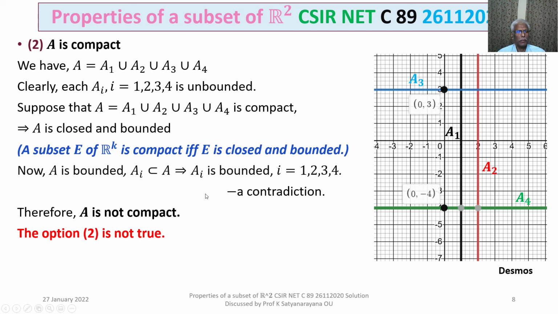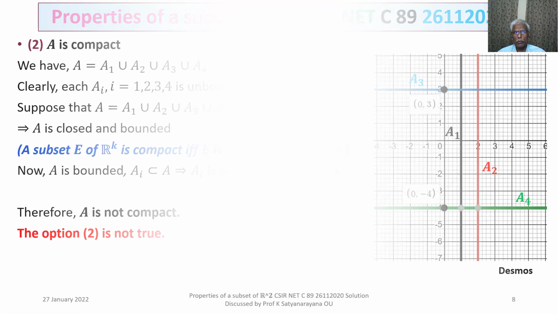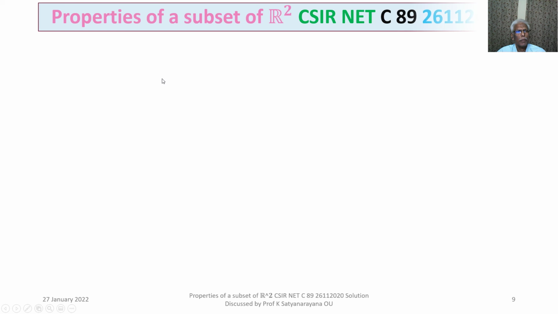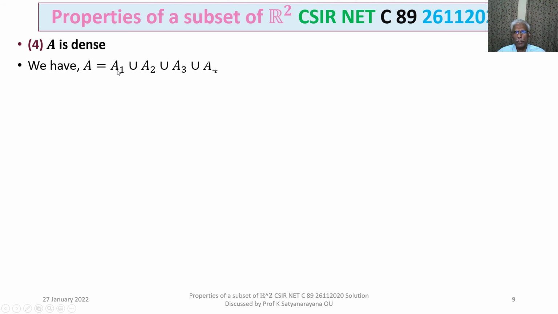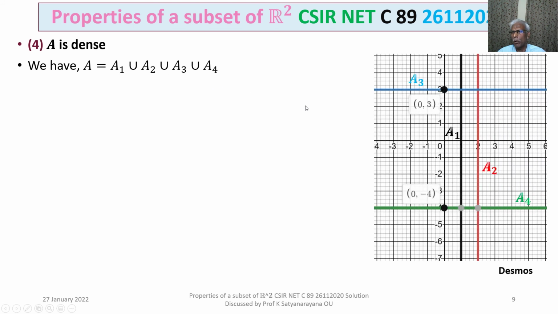So, we are left with one more option. Let's go. Option 4, that A is dense. We have A as the union of A1, A2, A3, A4, and now note that A is not equal to R square. Why?